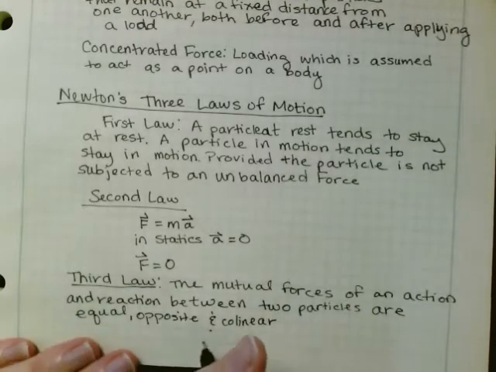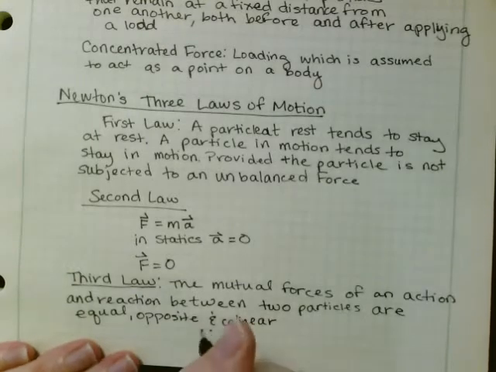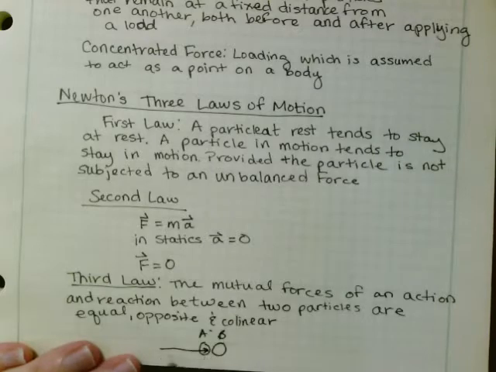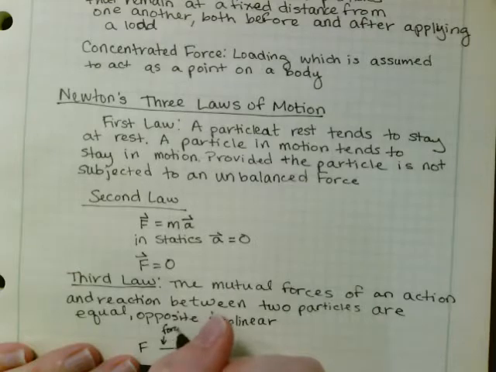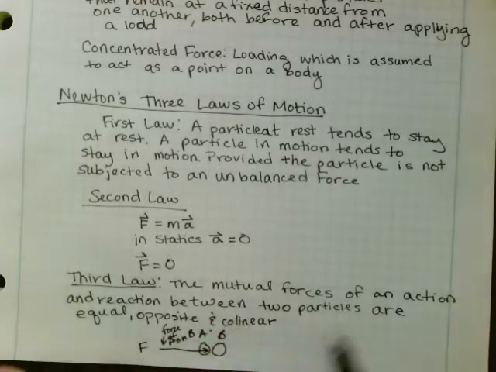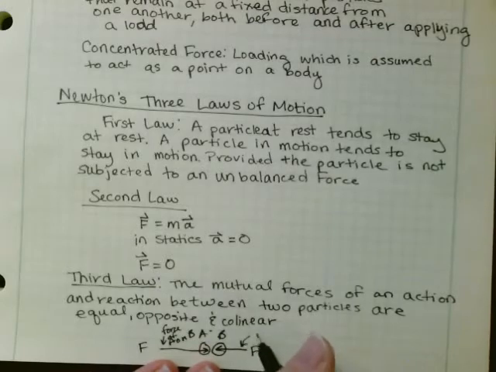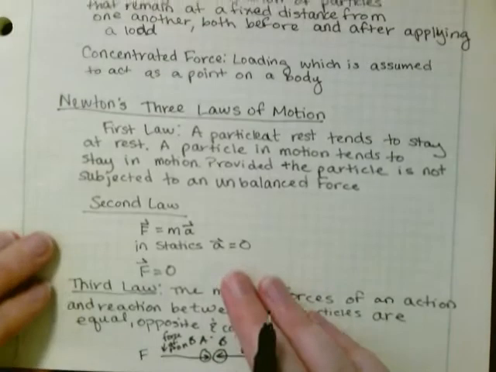So for instance, if we had two particles, A and B, and we applied a force here, F, which is the force of A on B, there would be an exactly the same force, F, right here, which is the force of B on A.